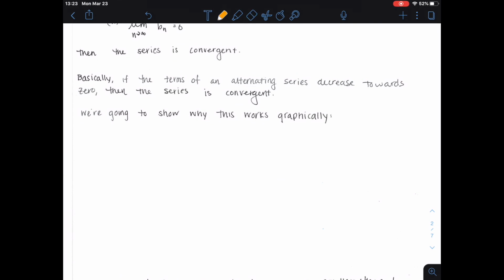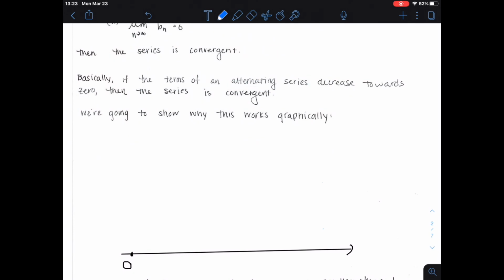So we're going to have a number line down at the bottom. Your term is going to start at 0. And then it's going to keep going. And I'm going to assume that it starts out a positive term and a negative term, but it ultimately doesn't matter.